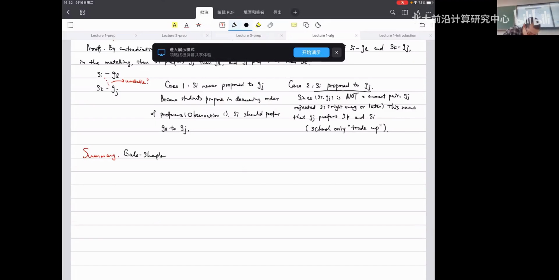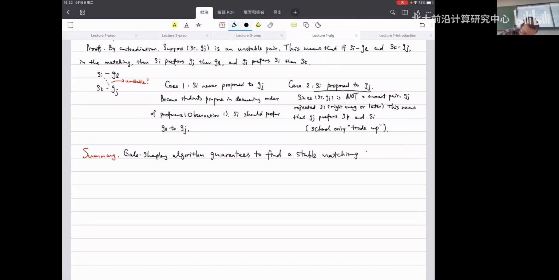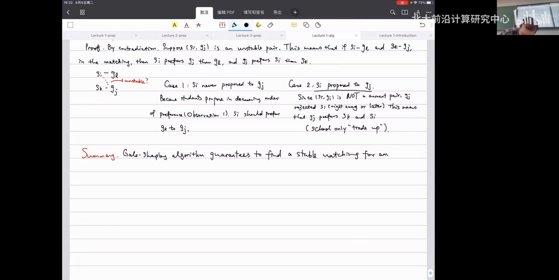The Gale-Shapley algorithm guarantees to find a stable matching, given graduate schools, students, and their preferences.